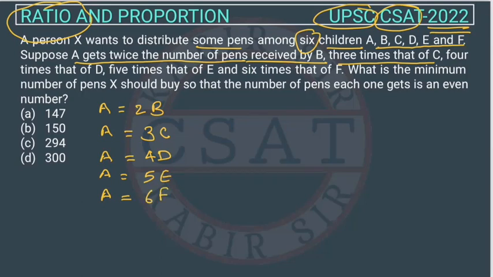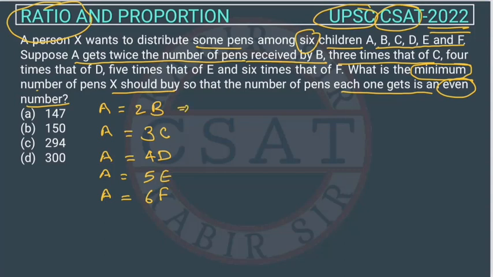The question is asking the minimum number of pens X should buy so that the number of pens each one gets is an even number, right? So the question is asking the minimum number of pens X should buy, so that each one gets an even number of pens, right?